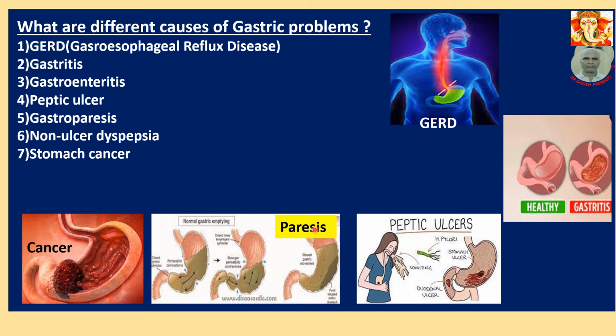Paresis means paralysis of the stomach. Muscles are not acting, maybe a nerve problem, maybe a muscle problem. The main cause is vagus nerve disturbance due to diabetes or surgery, viral infection, narcotic drugs, antidepressant drugs. These things cause paresis or paralysis of the stomach.